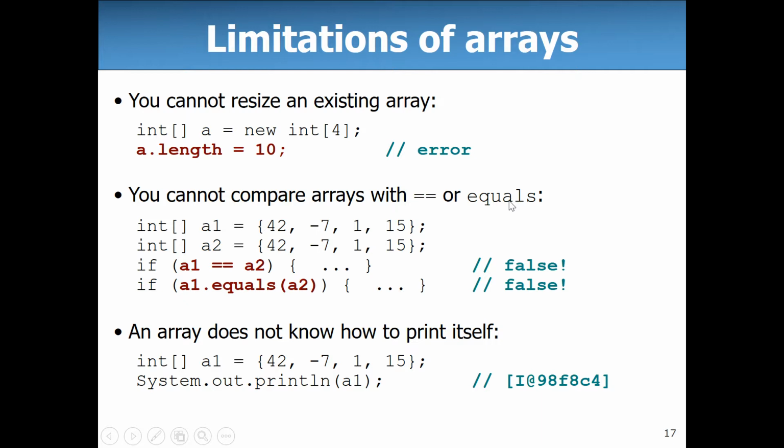Basically, are these the same blocks of memory we're dealing with? So A1 is equal to A2. Suppose we create two arrays with the same values. Using double equals will return false because A1 is one block of memory and A2 is another block of memory. And dot equals will return false because they're two different blocks of memory. That's what we care about when we compare arrays.